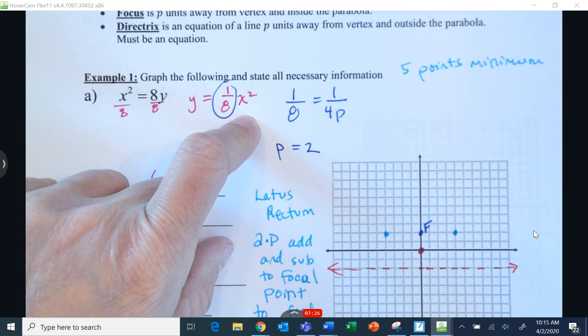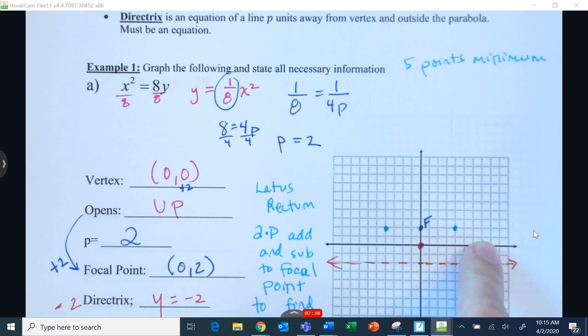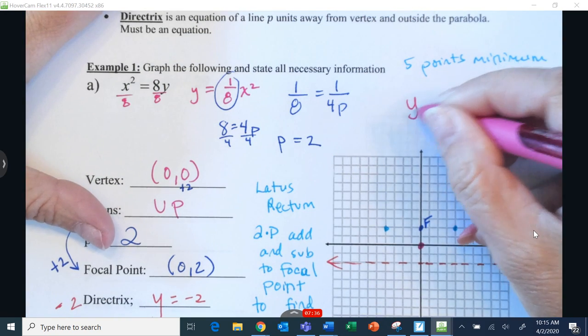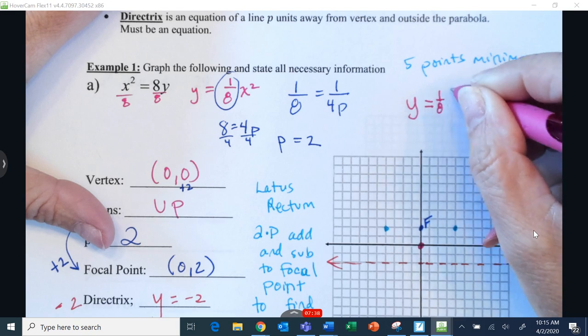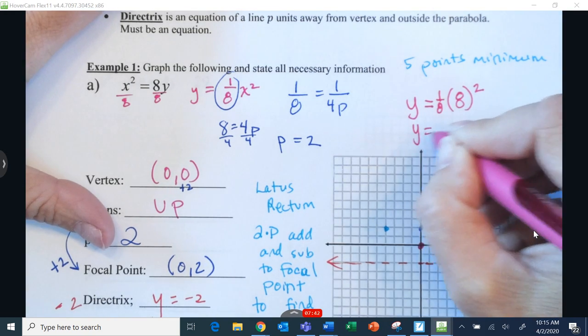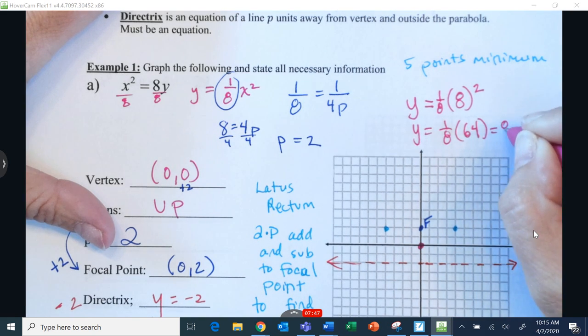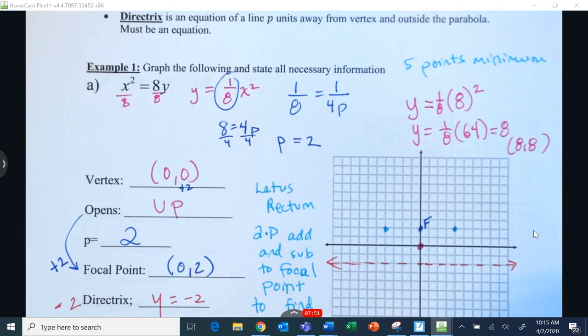I can't plug in 4 because that one's already 4, so maybe I'll plug in 8. If I plug in 8, then I'm going to get 1/8 of 64, which is 8. So the ordered pair (8, 8) should be a point on the graph.